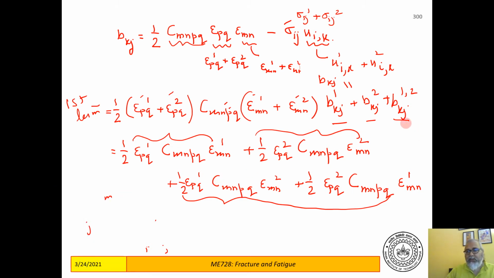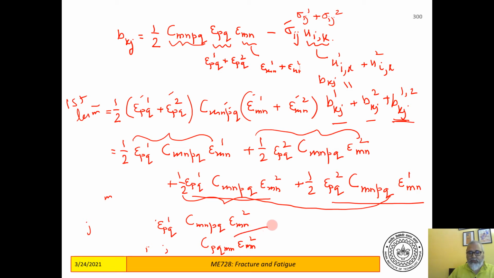In the interaction term, these two terms are actually the same, because epsilon pq1 times c mn pq epsilon mn2 is the same as, based on the symmetry of this, c pq mn epsilon mn2, which gives you sigma pq2.